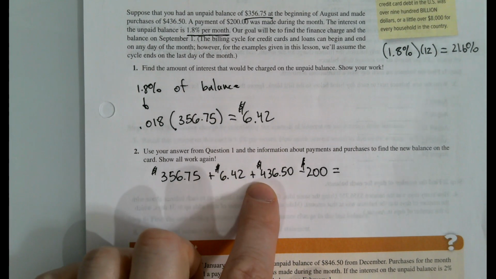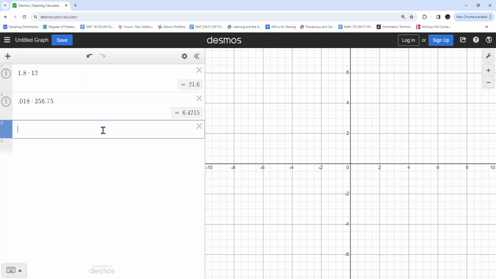Purchases are looked at as positive when we mess with these balances. So 356.75 plus 6.42 plus 436.50 minus 200. Of course, I typed that in wrong. 436.50, and we get that the ending balance for September 1 is $599.67.